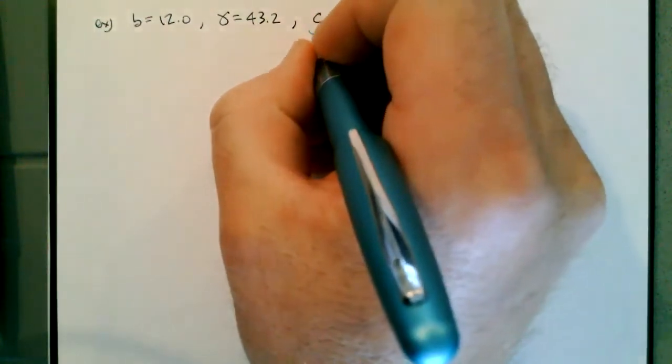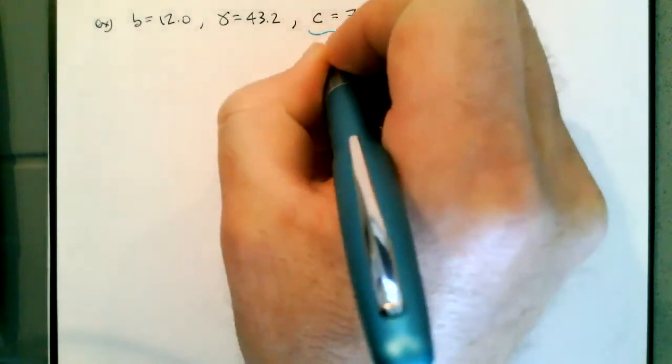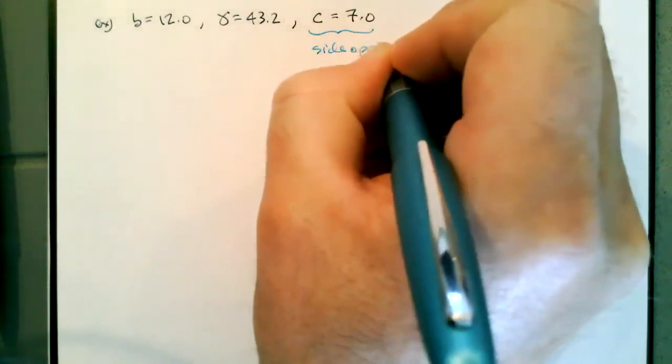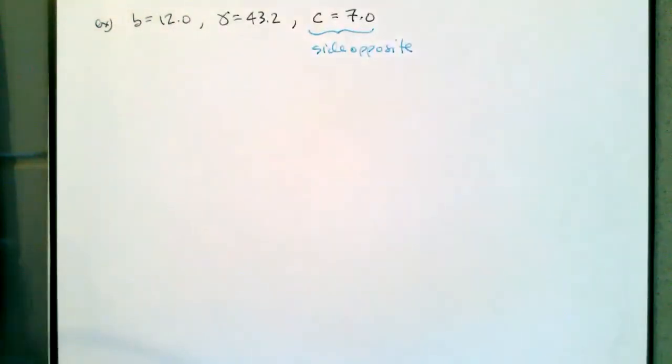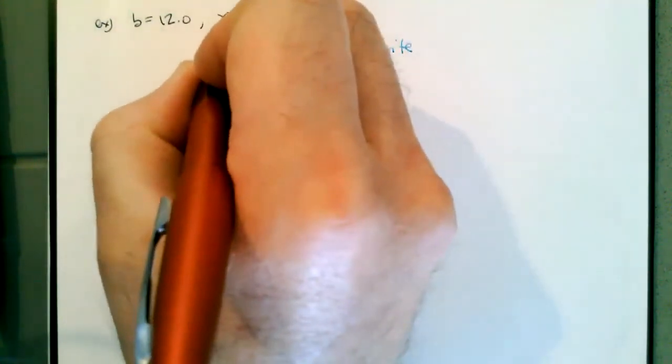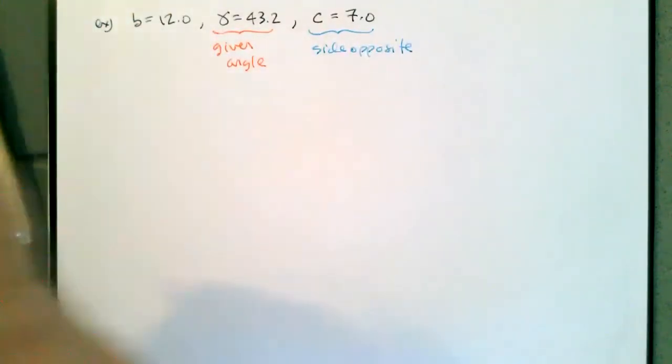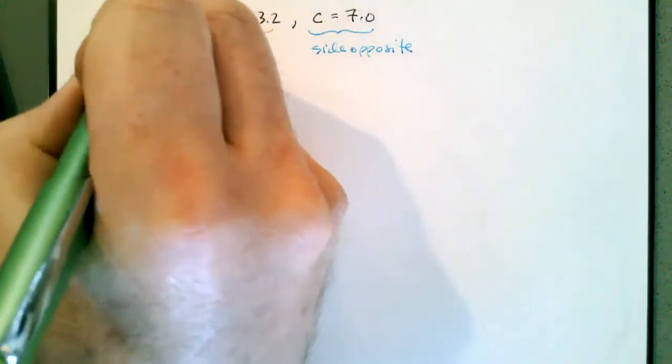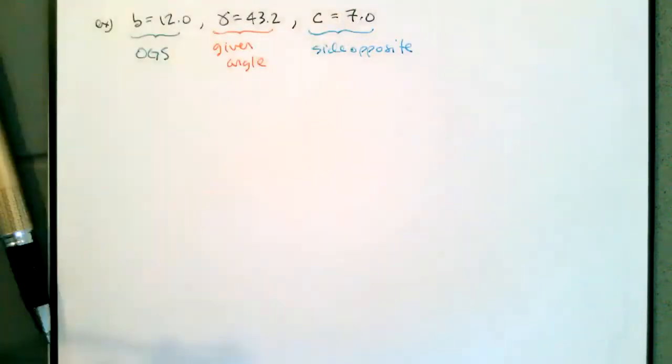So I'm going to identify C. It's opposite the given angle. So this is my side opposite. That's the side opposite my given angle. And 12 is my other given side. I'm labeling things this way because we've already identified that we're in the side-side-angle case, the ambiguous case of the law of sines.